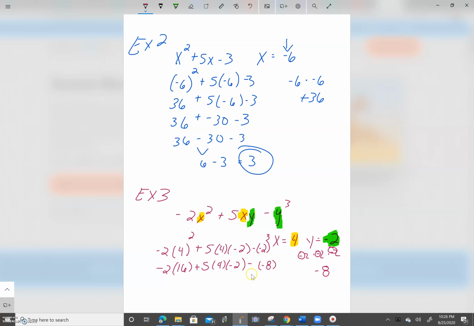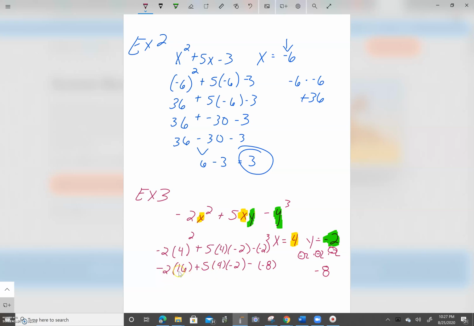So this time I have 2 negatives, which is going to change eventually to a positive. Something to notice is that whenever you have an odd amount, like 3 negative signs, you're going to end up with a negative number. If you have an even amount, it's going to be a positive number. Like if there were just 2 -2s or 4 -2s you were multiplying, you'd get a positive number.